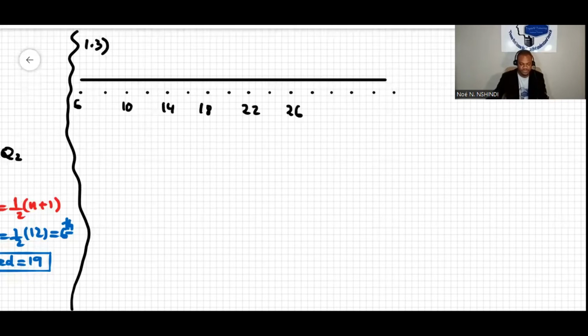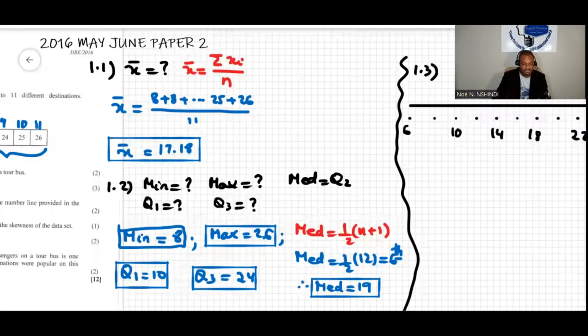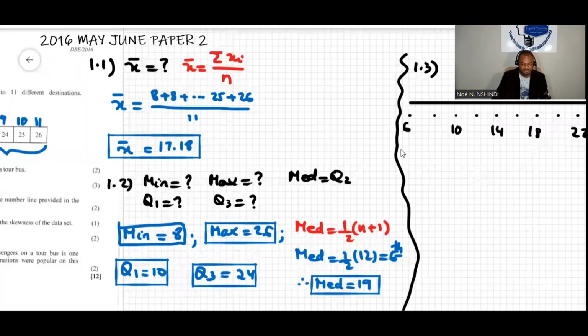Okay, I use the same number line as in the answer book. So now, following this box and whisker, I look at my values here, my data set here.